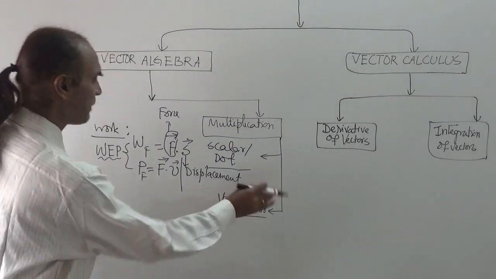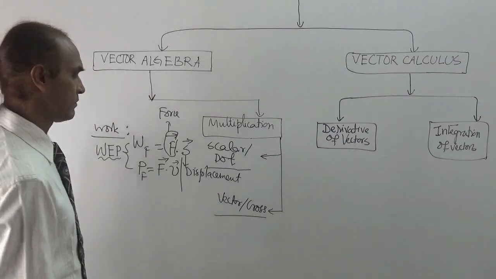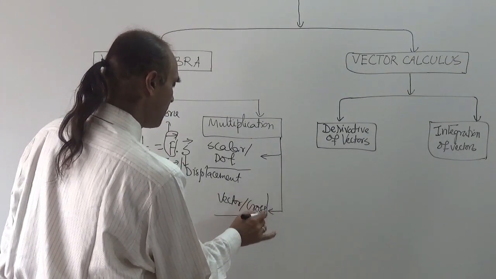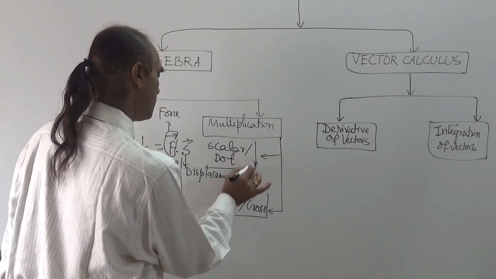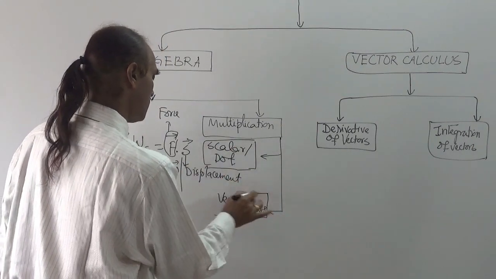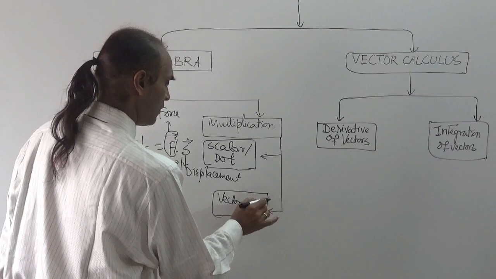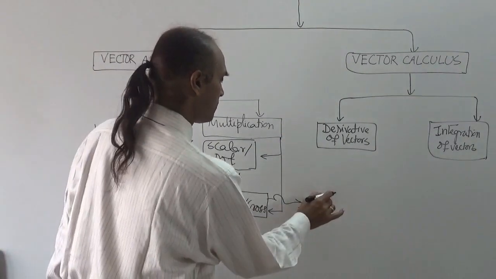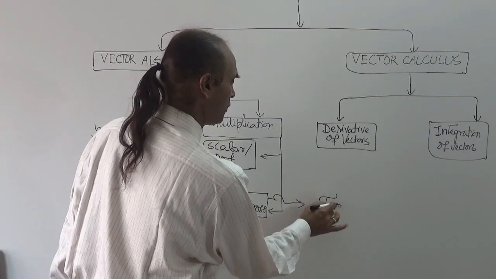Now, cross multiplication. We can give an example of this. One of the best examples is torque.